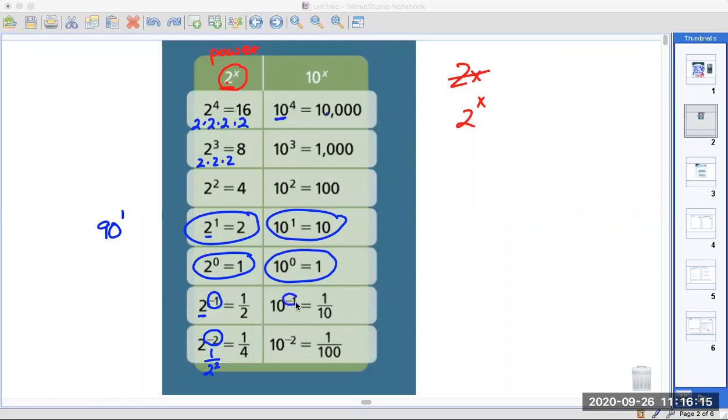So today's lesson is about negative exponents, but it's not about negative bases. So the base being negative is not affected by this negative exponent.